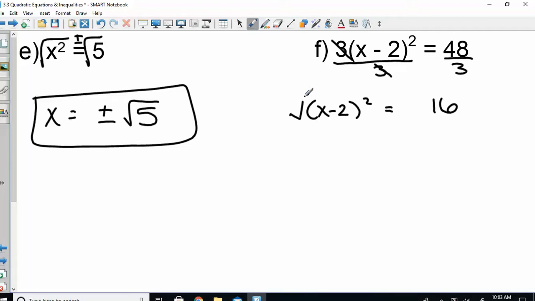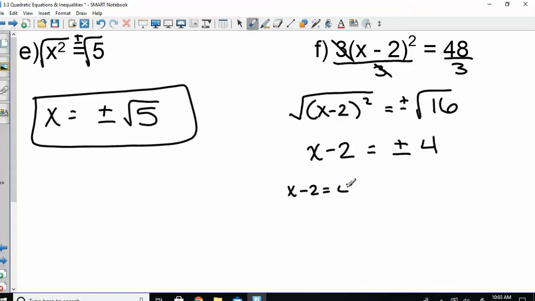Then, to get rid of a square, we square root plus and minus. So you have x minus 2 equals plus or minus, what is the square root of 16? 4. So this is really two separate equations. X minus 2 could equal positive 4, or x minus 2 could equal negative 4.